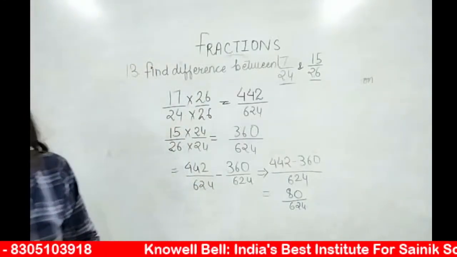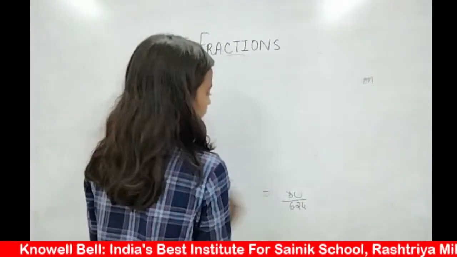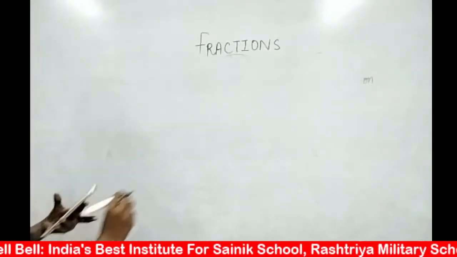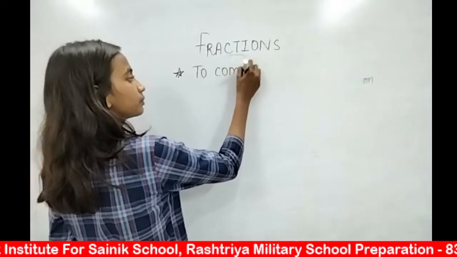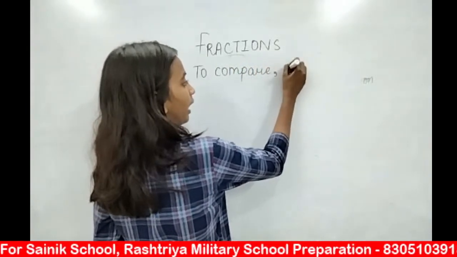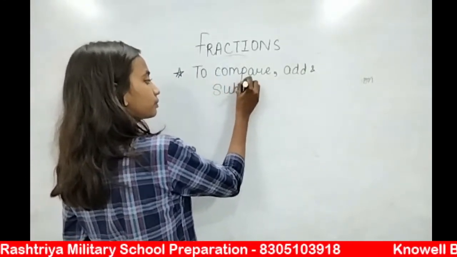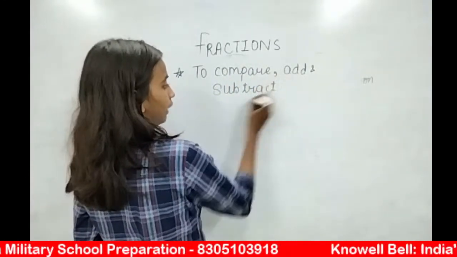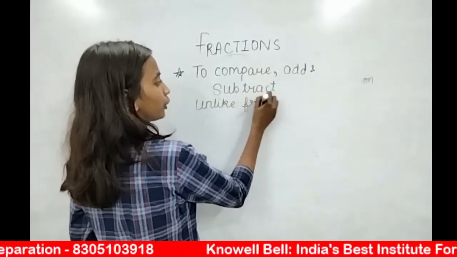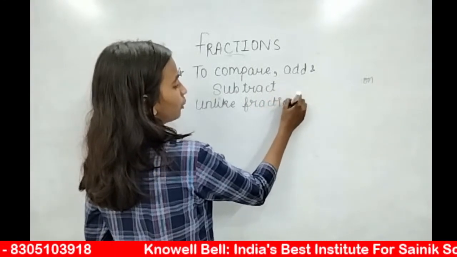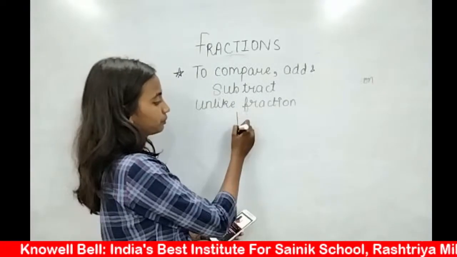Clear to everyone? So basically, write it as a key rule: to compare, add and subtract unlike fractions. Whenever you have to compare or add or subtract two unlike fractions, what will you do?